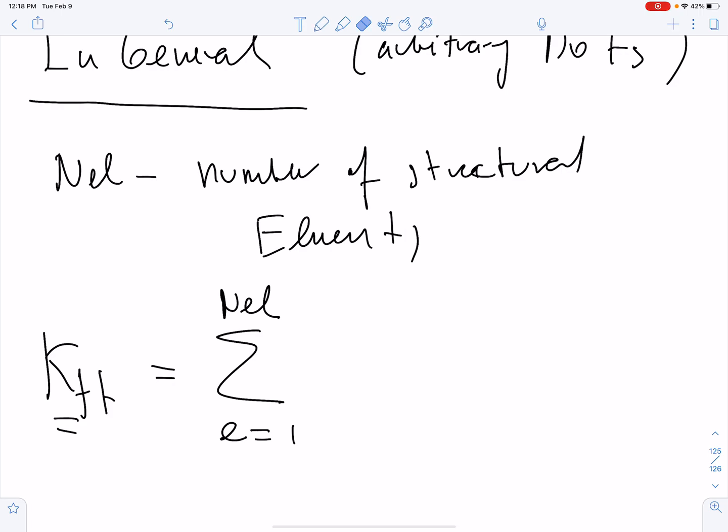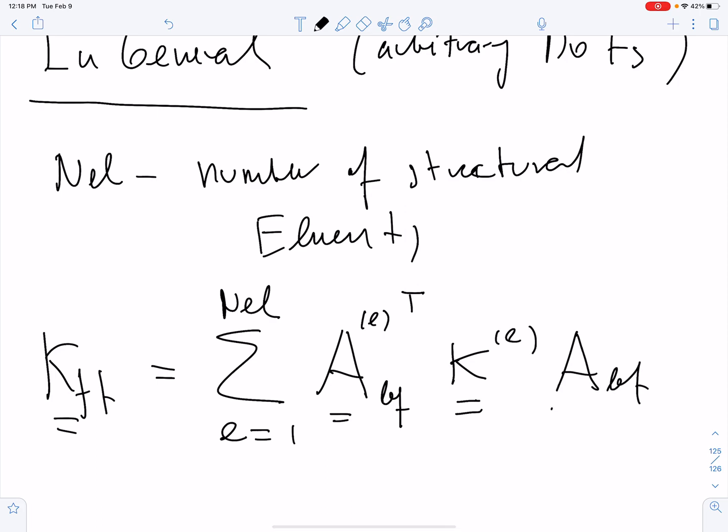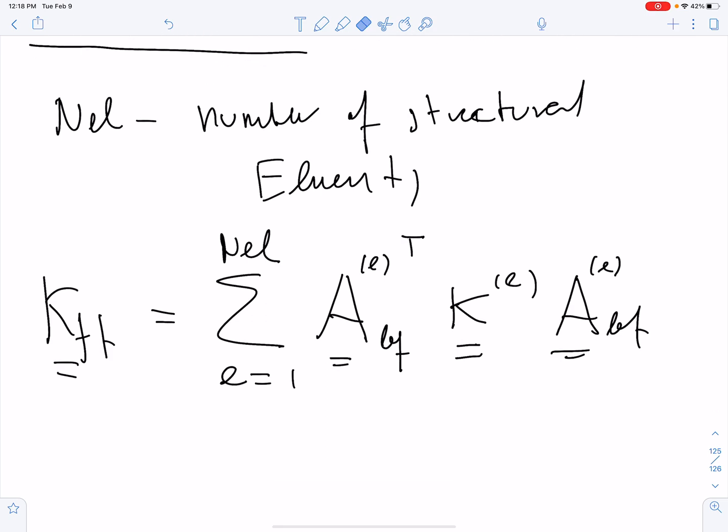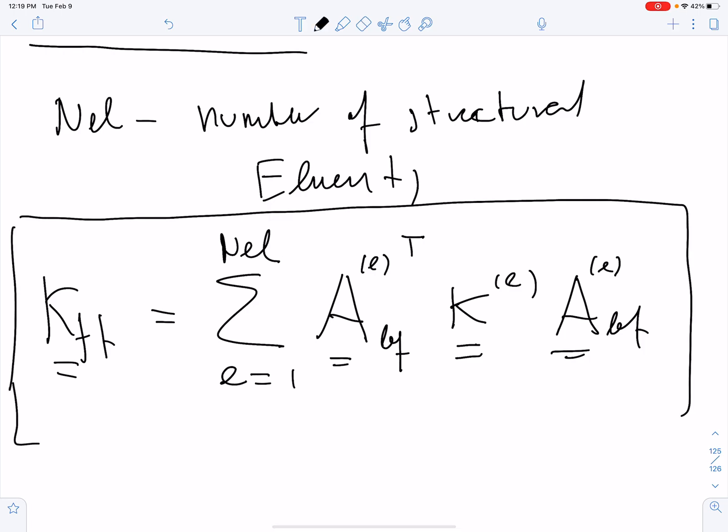For each element you have a Boolean matrix ABFE transpose, then you take the matrix KE, and post multiply it by ABFE, like this. And so this is a general result that I wanted to present.